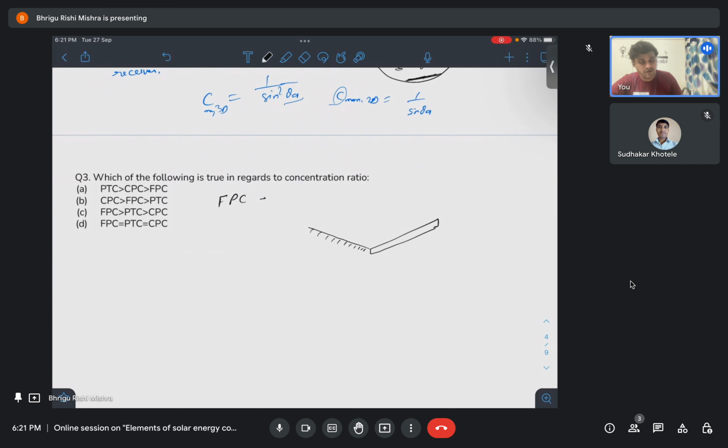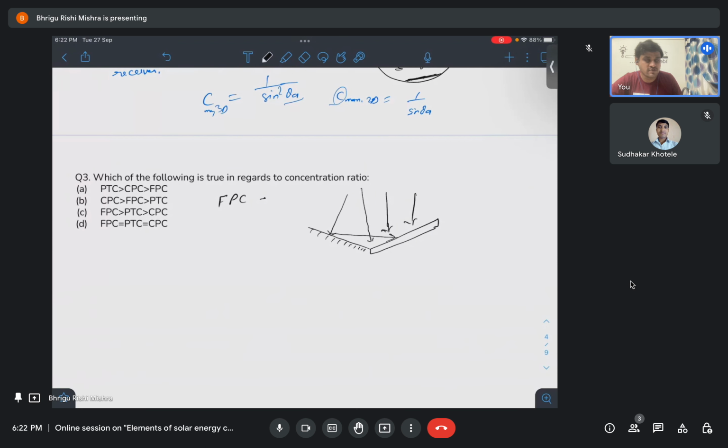What this mirror does is, since it is a flat plate, it can take all beam or diffuse radiation, but there is radiation coming to this mirror, and this mirror concentrates this radiation onto the flat plate collector.